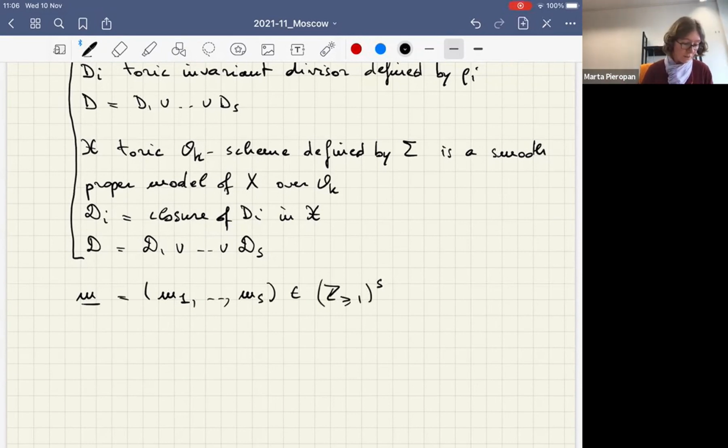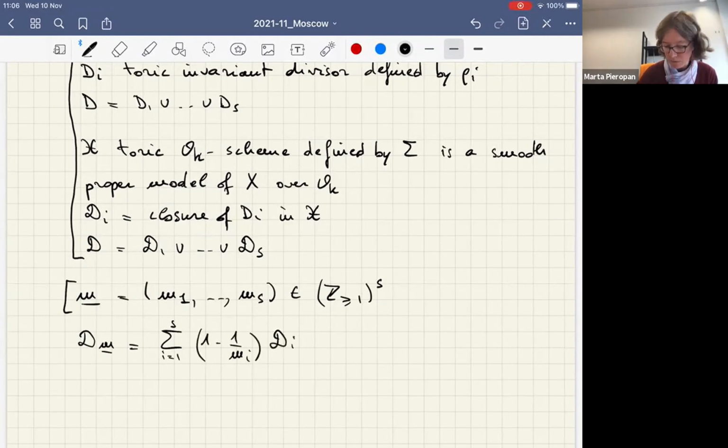And using these integers, I'm going to define another piece of combinatorial data, a divisor D_m, which is now the effective divisor, the sum from i equals 1 to s of 1 minus 1 over m_i as coefficient of curly D_i. And of course, I can do the same by taking the generic fiber. I'm just looking at the same thing over K.